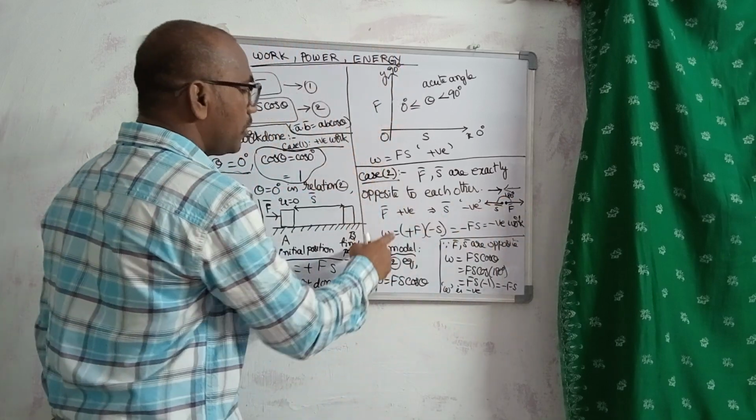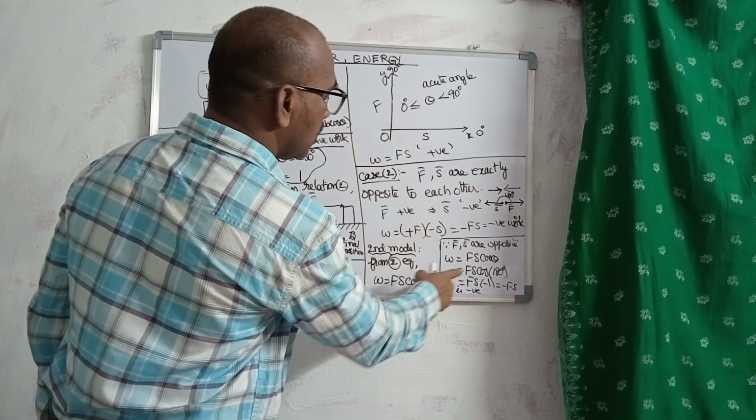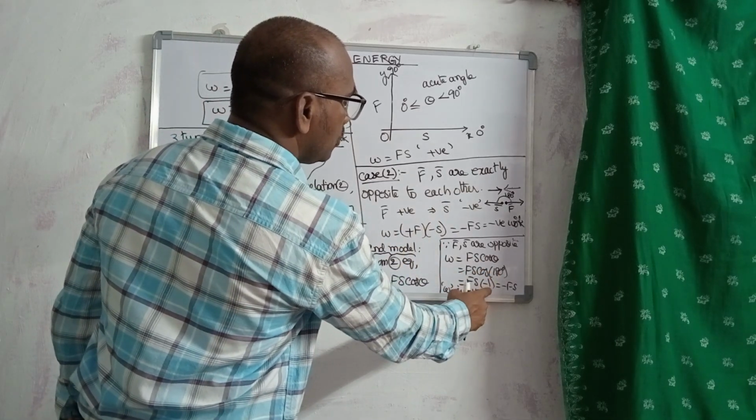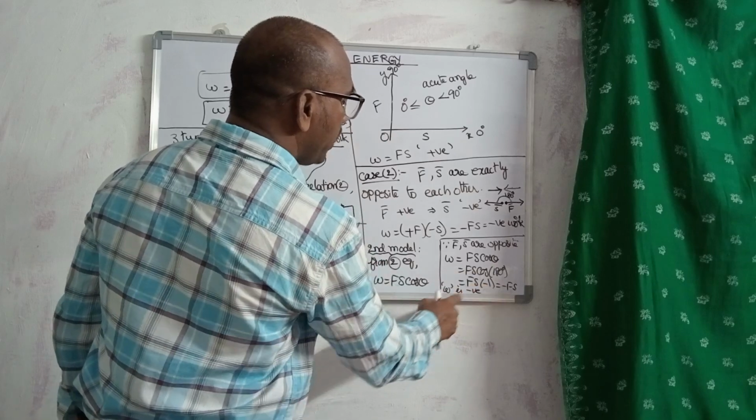By substituting in W equals Fs cos theta, we get Fs cos 180, and cos 180 equals minus 1. Therefore W equals minus Fs.